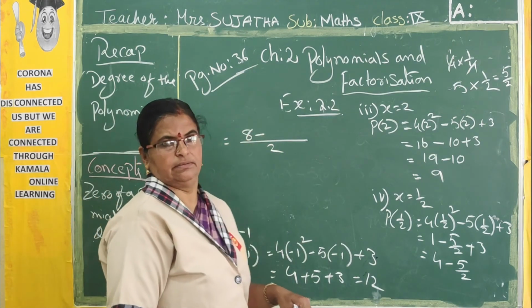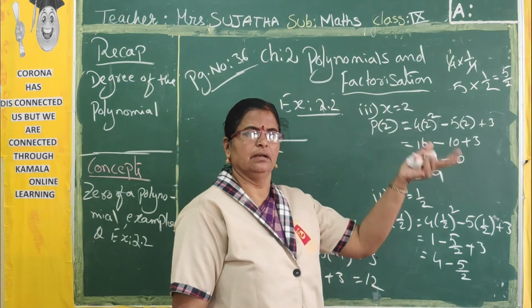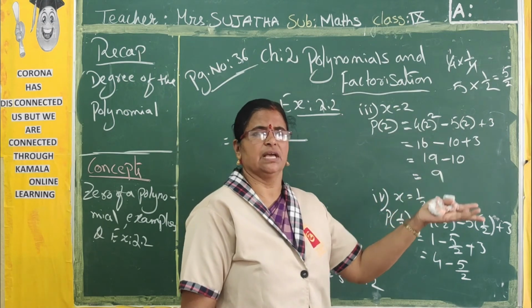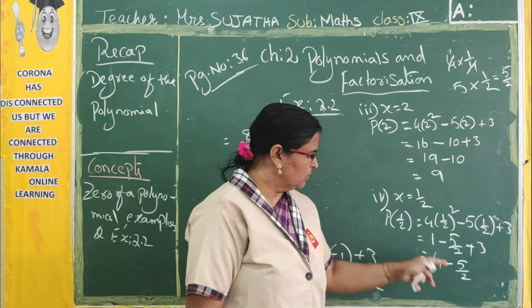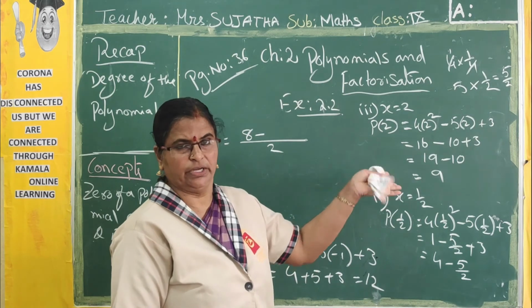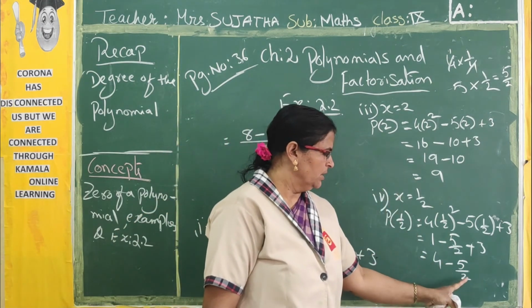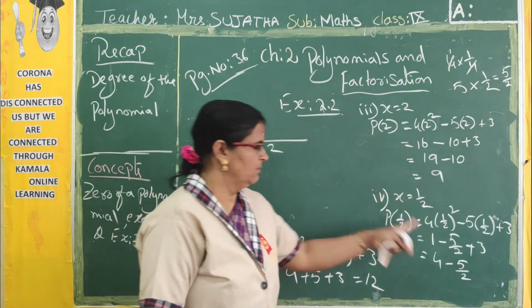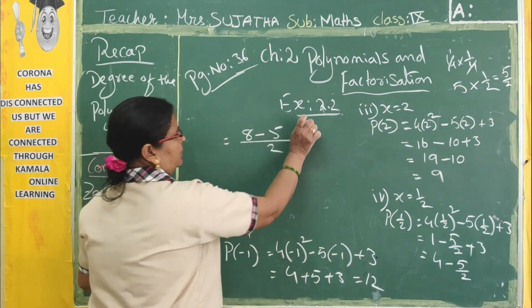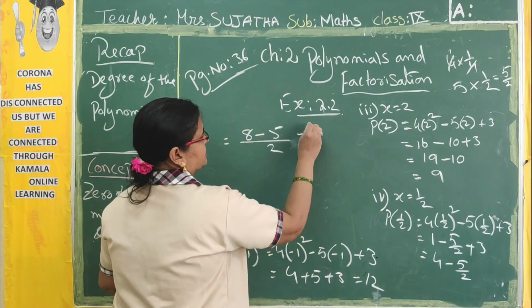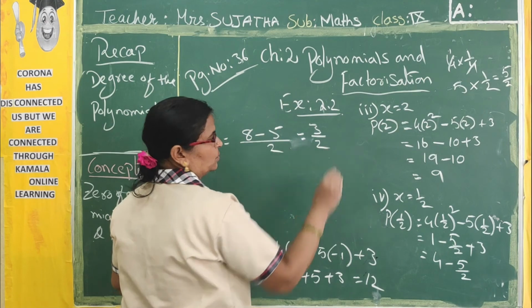You already know LCM, as we learned it in 6th, 7th and 8th classes. So now there is no need to write 1 into 4, 1 into 2 like that; you can do it directly. 2 divided by 2 is 1, 1 into 5 is 5. So what you get here is 8 minus 5, that is 3 by 2.